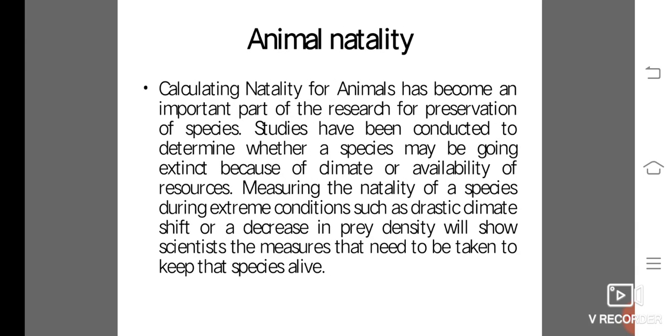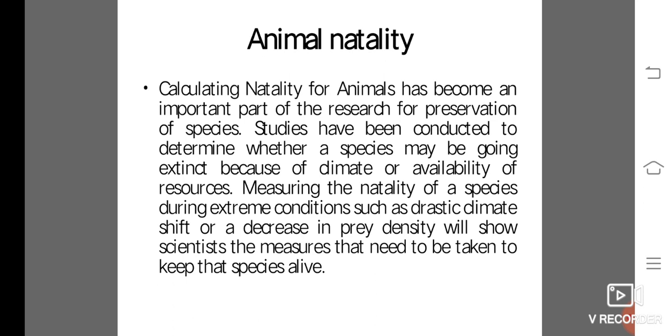Now we will see what is animal natality. Calculating natality for animals has become an important part of the research for preservation of species. Studies have been conducted to determine whether a species may be going extinct because of climate or availability of resources.